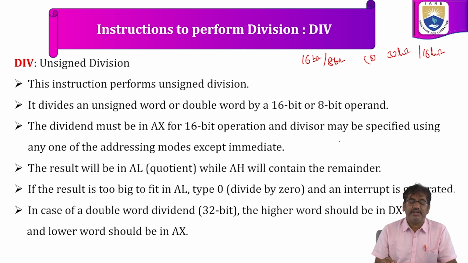So it divides an unsigned word or double word by a 16-bit or 8-bit operand. Here the divisor can be 8-bit or 16-bit. If the divisor is 8-bit, the dividend is 16-bit. If the divisor is 16-bit, the dividend is 32-bit.